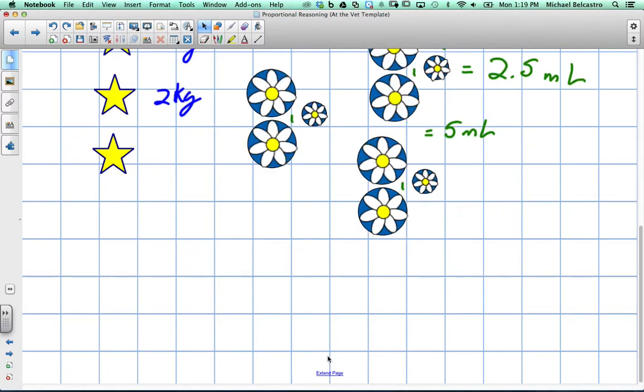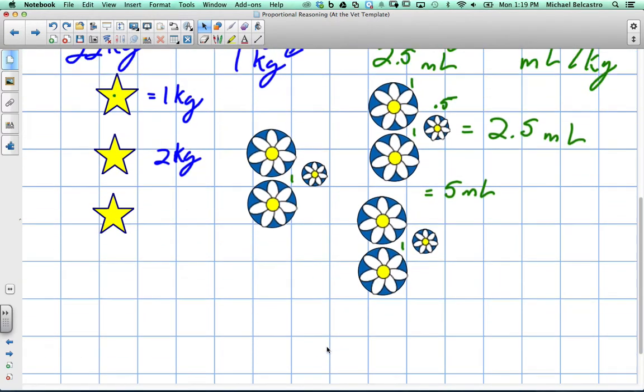So another quick way we could do this is once I get 3, I know for every 3 stars, this is the same type of ratio. Think of it like a fraction. Remember the ratio we had originally built was 1 to 2.5. With that being in mind, I now have 3 stars. So if I have 3 stars, that's the same as multiplying 2.5 times 3. That gives us 1, 4, 5, 6, 7.5.